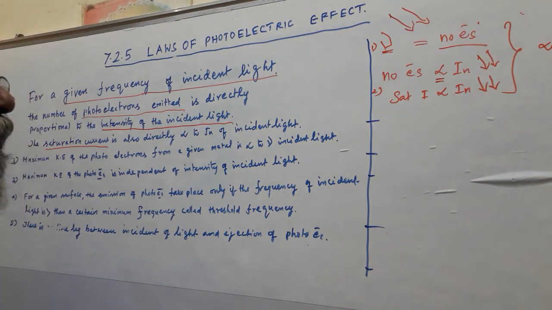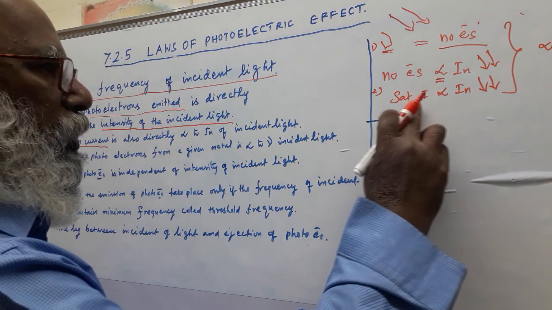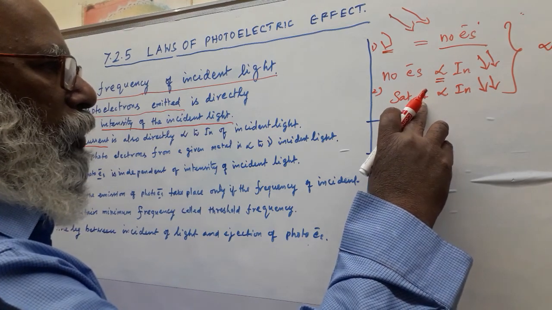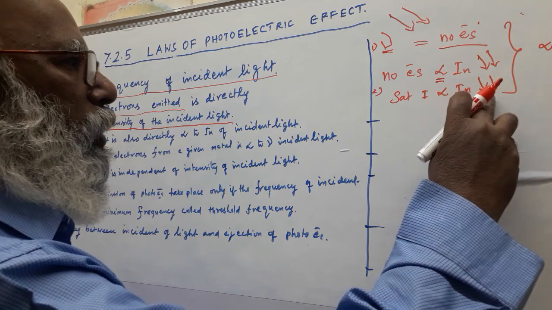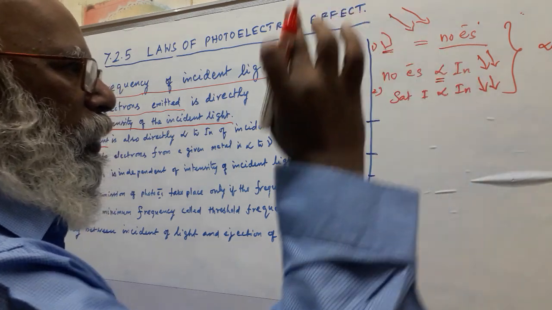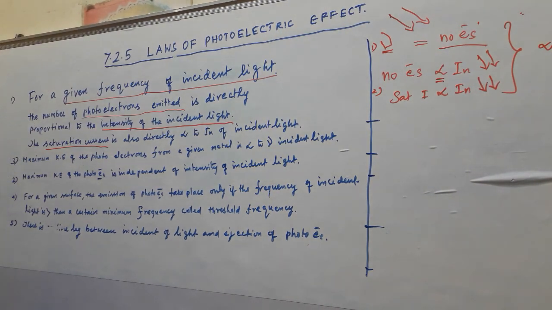That's the first part of the first law. And the second part: the saturation current of this process is also directly proportional to the intensity of the incident light rays. This is the first law of photoelectric effect. I hope you understand clearly.